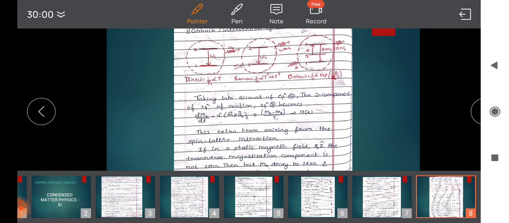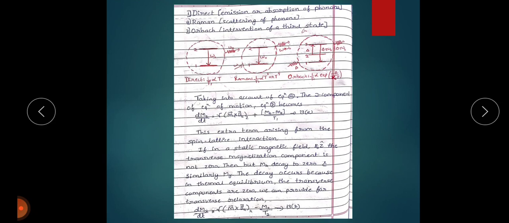In the first case, the direct process, the longitudinal relaxation rate, 1 divided by T1, is directly proportional to the temperature T. Next, in the Raman process, 1 divided by T1 is directly proportional to the temperature to the power 7, or temperature to the power 9.